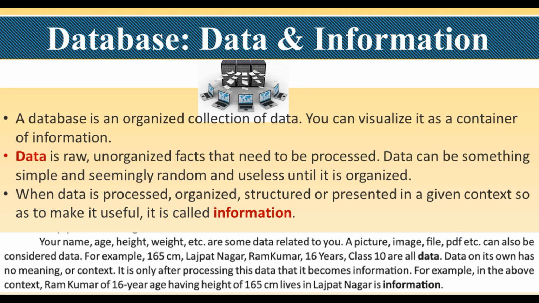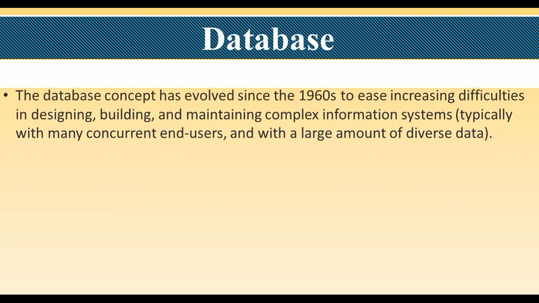Simple name, age, height and place name are individually termed data. But if you collect them in an organized way that has some meaning, like Ram Kumar of 16 years age having height of 165 centimeter lives in Lajpat Nagar, it is information because by that I can take a decision and understand what it exactly is.